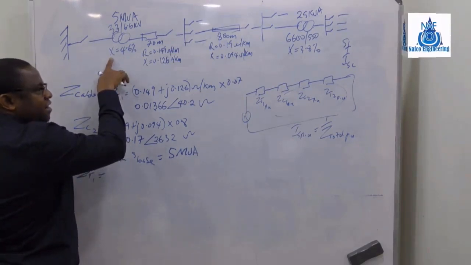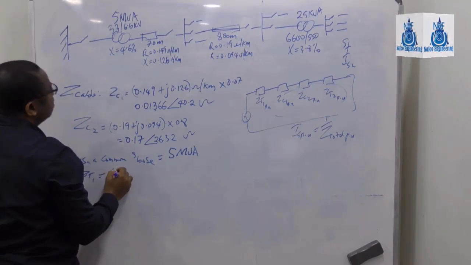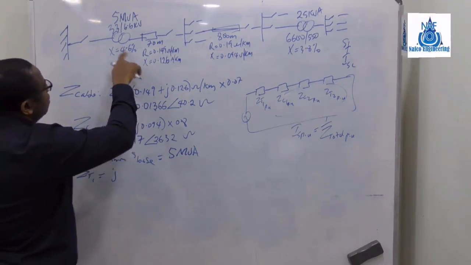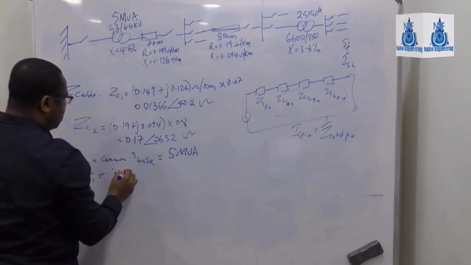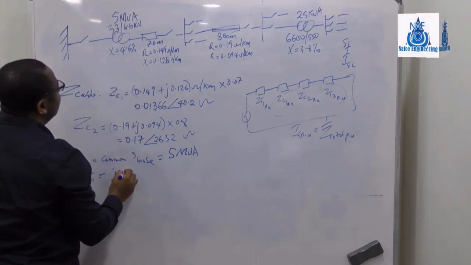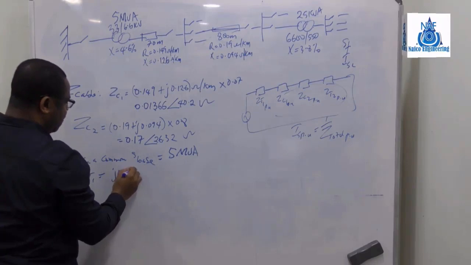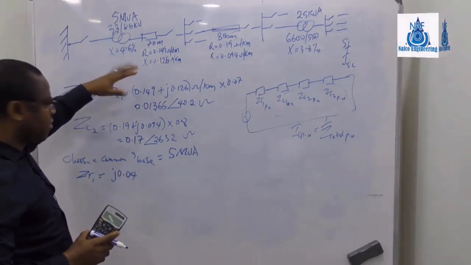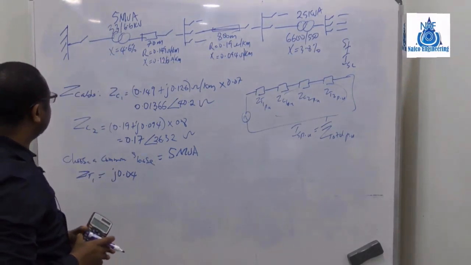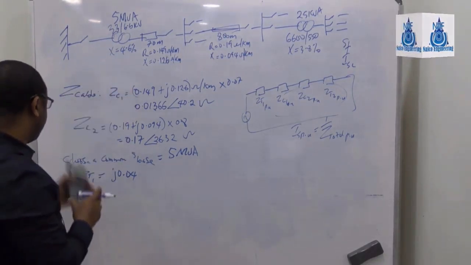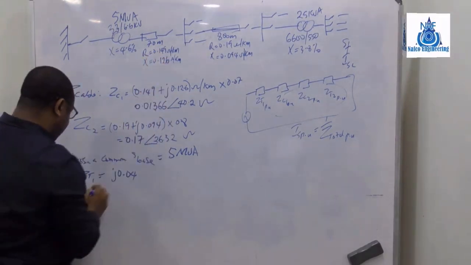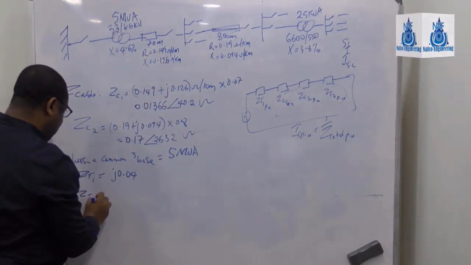As I said, this is reactance, so I will put J for this percent, 0.04 in per unit. So this will remain like that. No problem there.